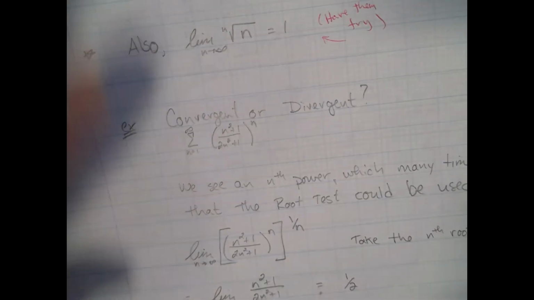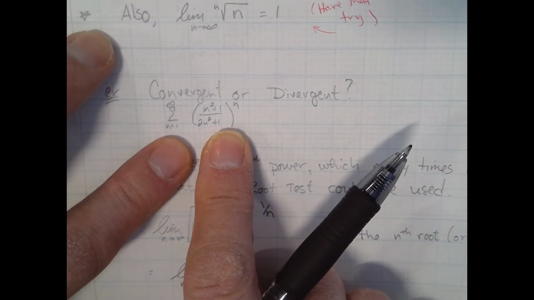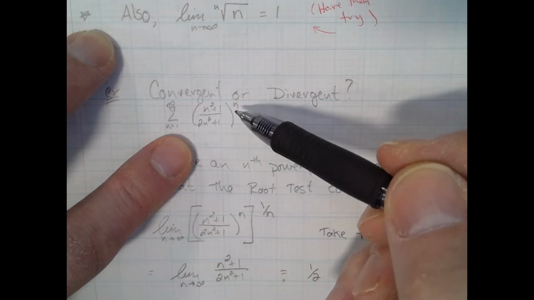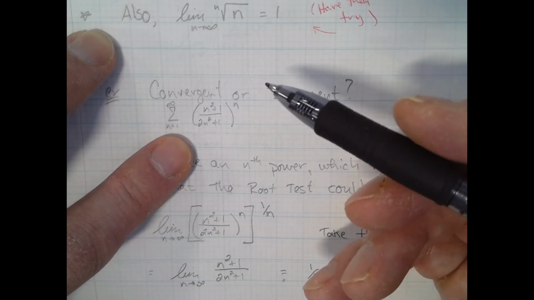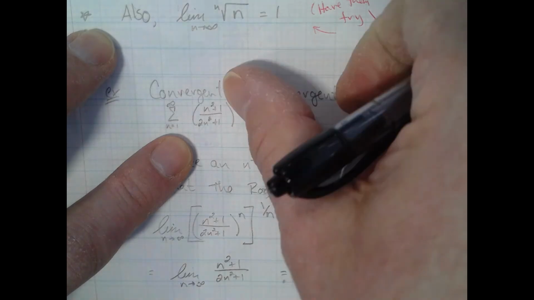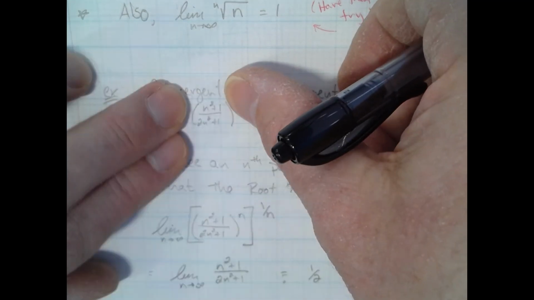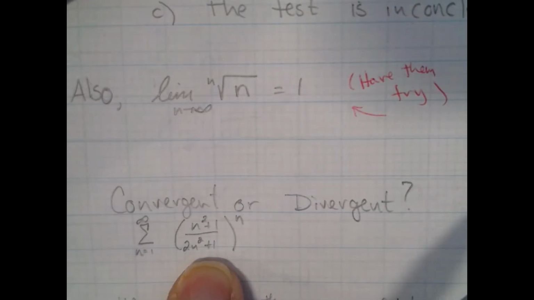So right here, I would use the root test because there's an n on the outside as an exponent. So if I take the nth root of it, or take it to the 1 over n power, that disappears. Now the series behaves the same as whatever we get as n goes to infinity, so we're going to ignore the n on the outside.